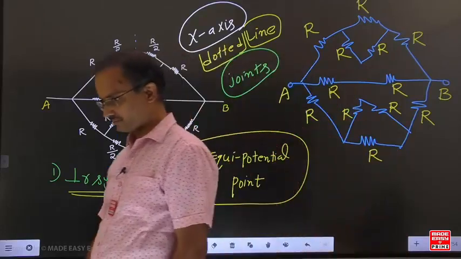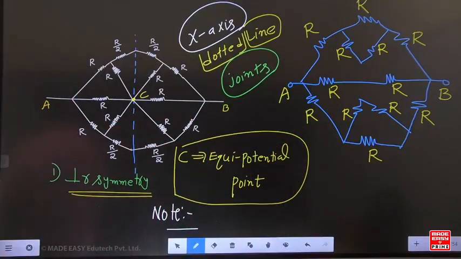In the brackets write, at equipotential point, no current division is present.